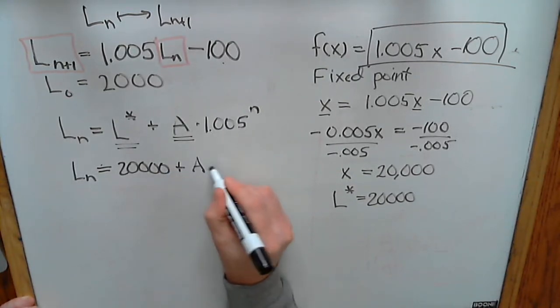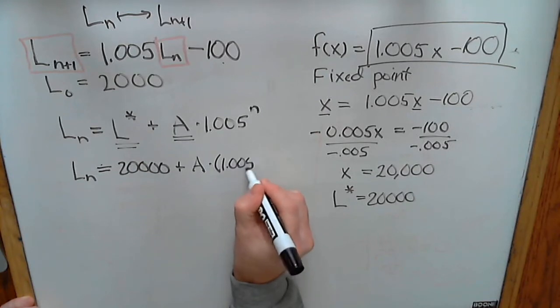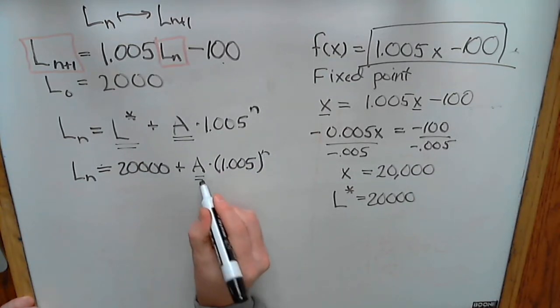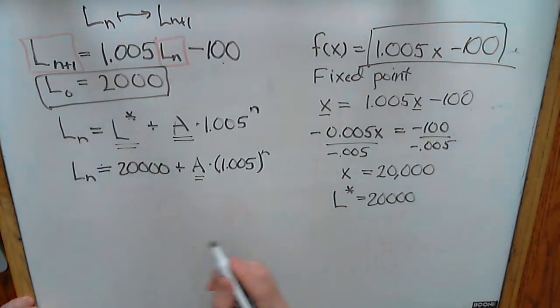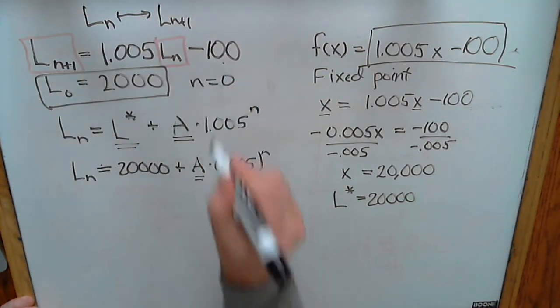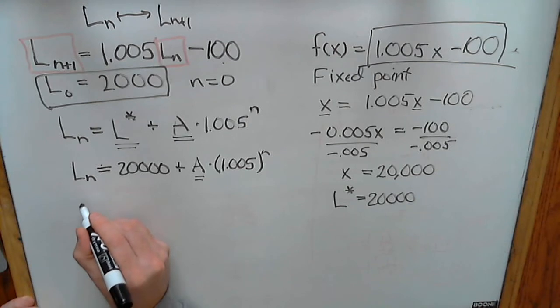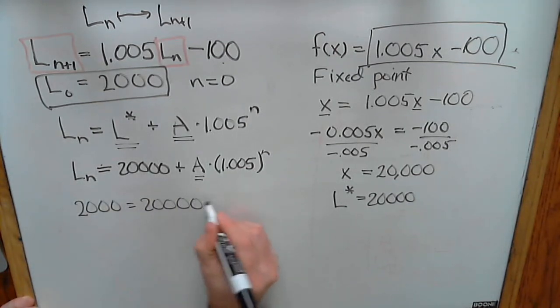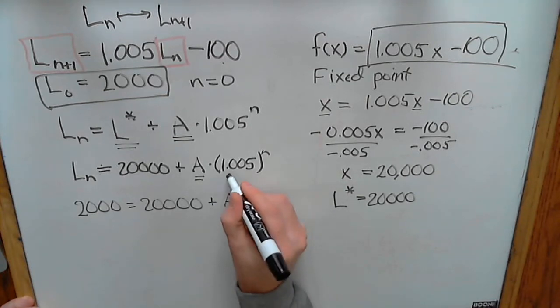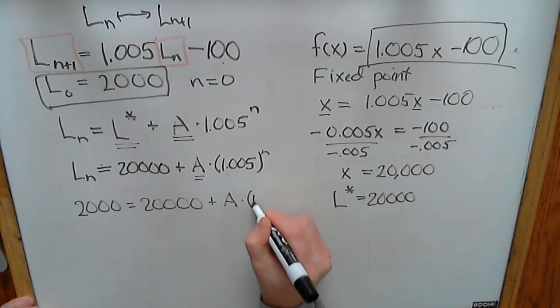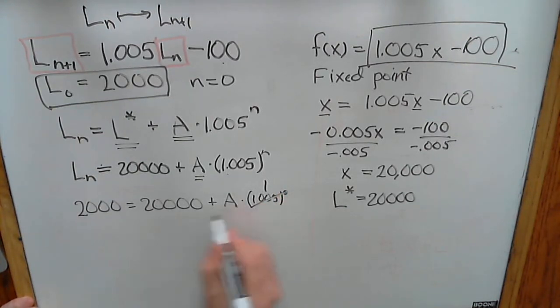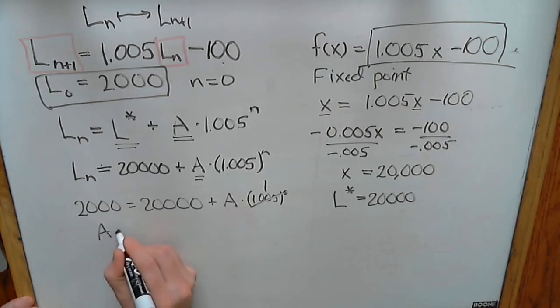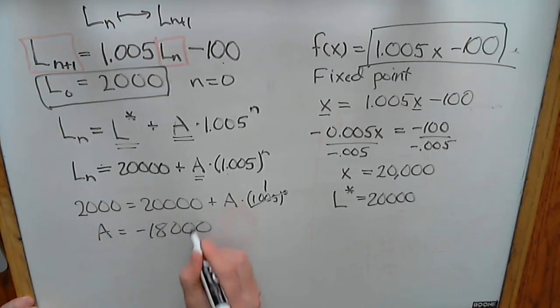And in order to find this value of a, we're going to use our initial condition, which is when n equals 0, Ln is 2,000. So 2,000 is 20,000 plus a times 1.005 to the 0, which is 1. And so a is going to be 2,000 minus 20,000. a is negative 18,000.